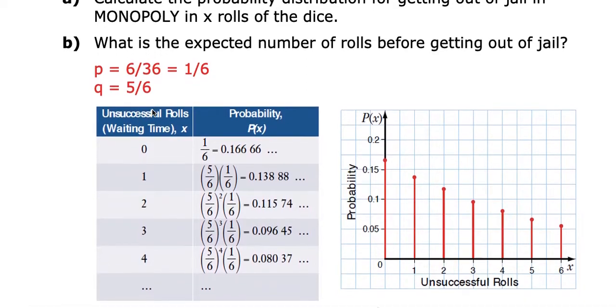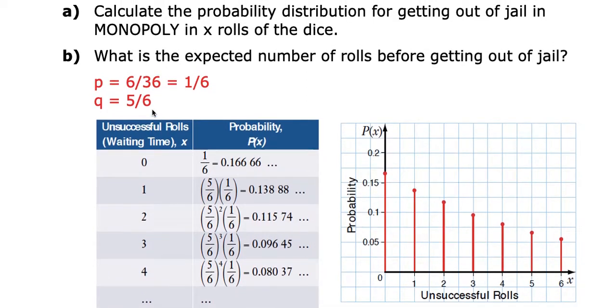So let's take a look at the probability distribution table. Having 0 failures, meaning success on the first trial, would just be 1/6. With 1 failure before success, it's 5/6 times 1/6, that's the first event, failure, then a success. For 2 failures it would be 5/6 squared times 1/6.